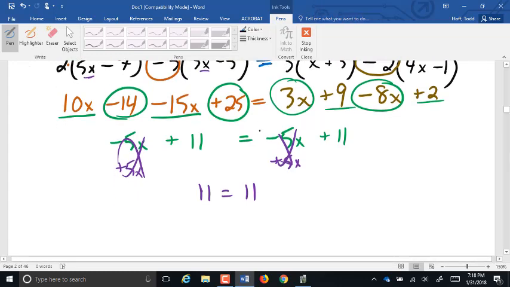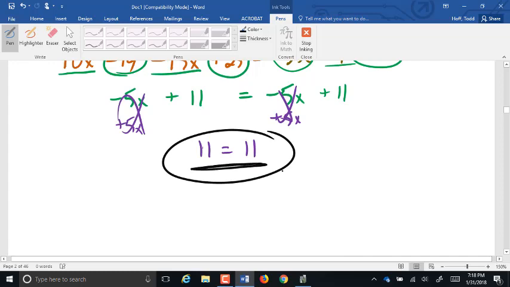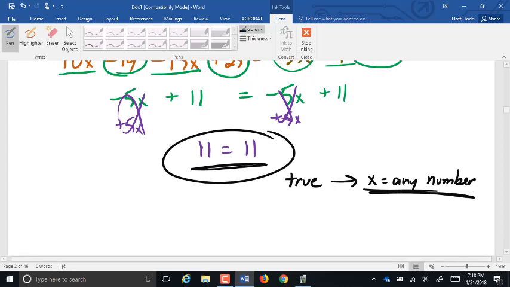If I ever get that where the variables disappear, there's two possibilities. One is what we have right here. This is a true statement. 11 equals 11. So that means x can equal any number, including 0, yes. The other possibility is I might get something like 7 equals 3.